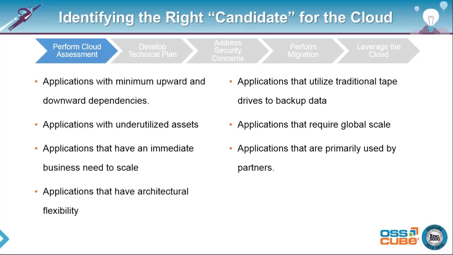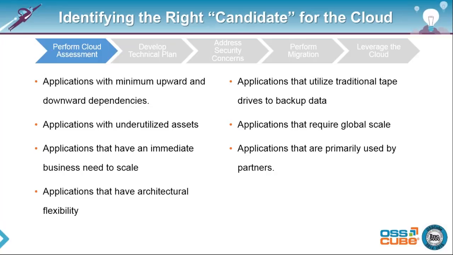So the quickest way for us was to move that to the cloud. So if you have an immediate need to scale, the cloud may be the best option. If you have architectural flexibility in the application, if you know that your application will withstand the cloud architecture and is built for scaling, distributed processing and the cloud environment, then of course you will decide to move the application to the cloud.